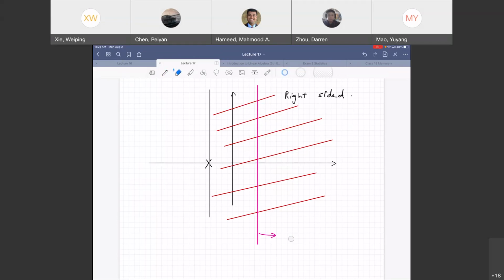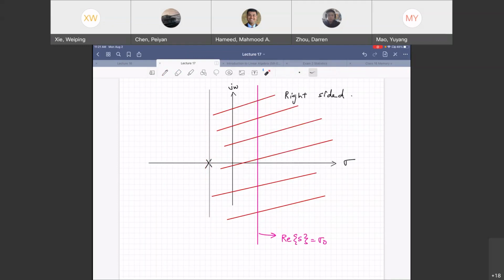So real part of s is sigma 0 here. The equation of that line is the real part of s equals sigma 0. This is sigma, this is j omega. I've got a pole here, my region of convergence is here. I have picked some arbitrary vertical line in my region of convergence.